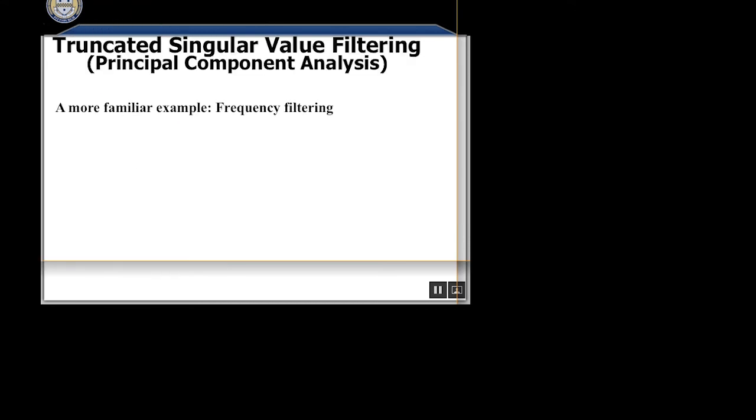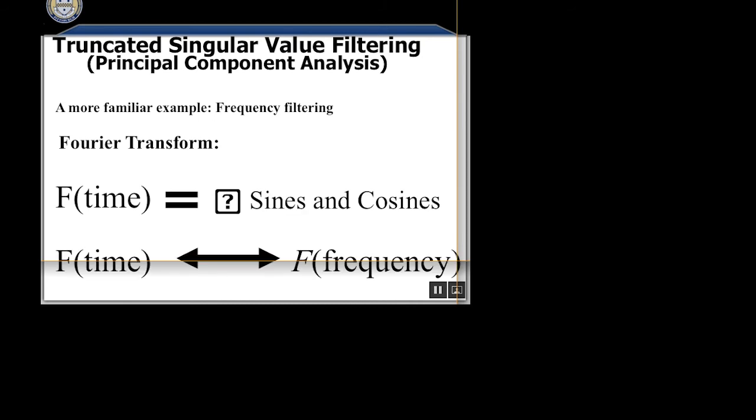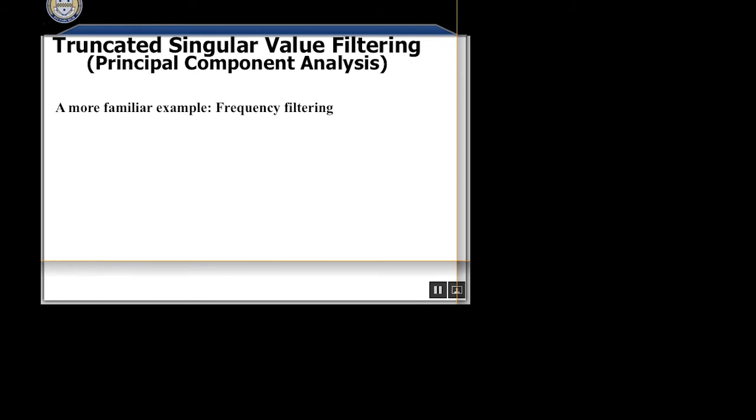So one of the ways that we can do this is what's called principal component analysis. Principal component analysis is a mathematical technique for decomposing a data matrix into, for lack of a better term, its principal components, the features that describe the most of the data.